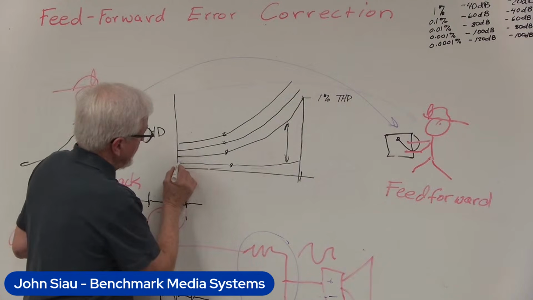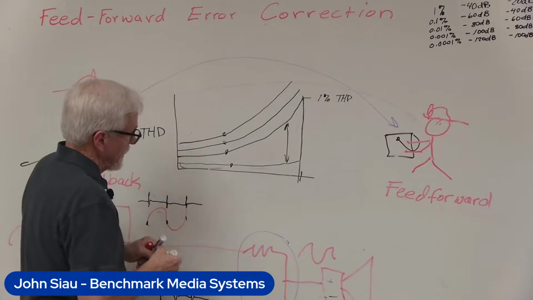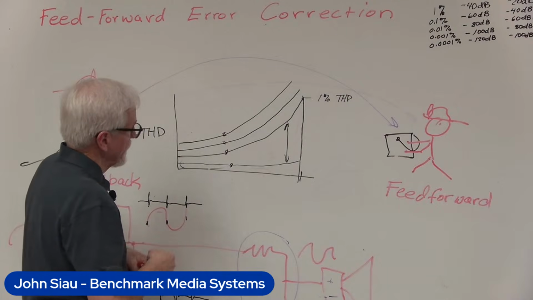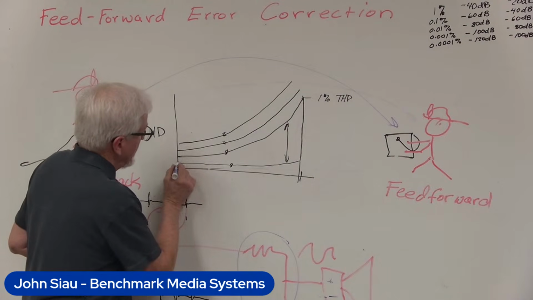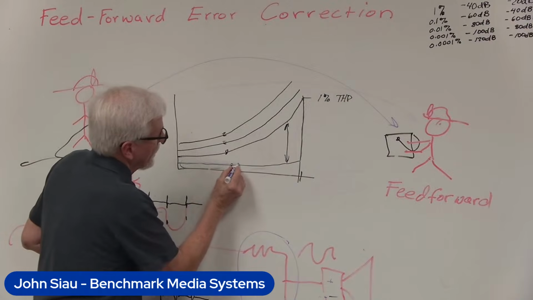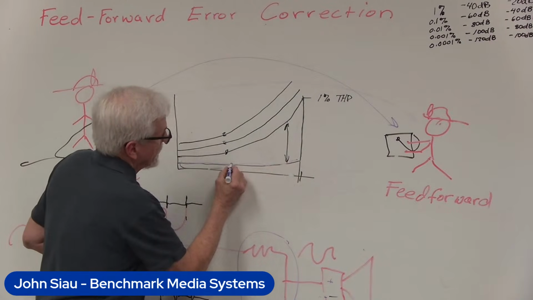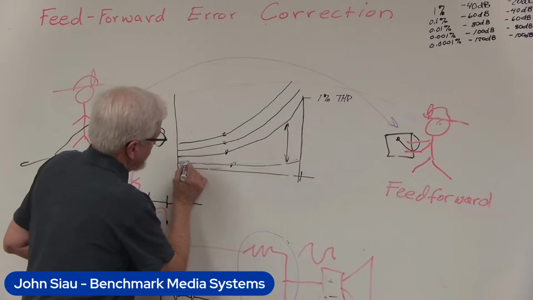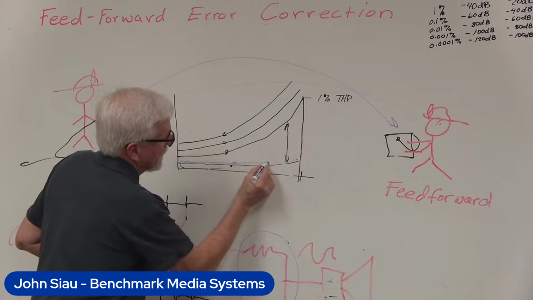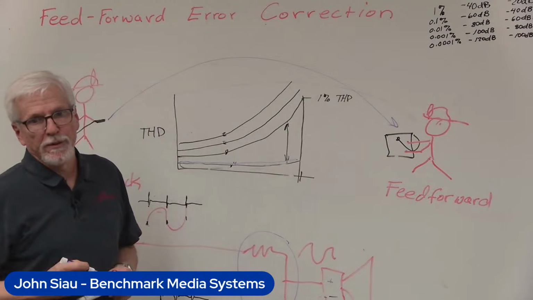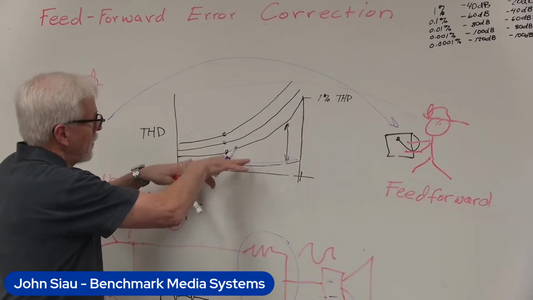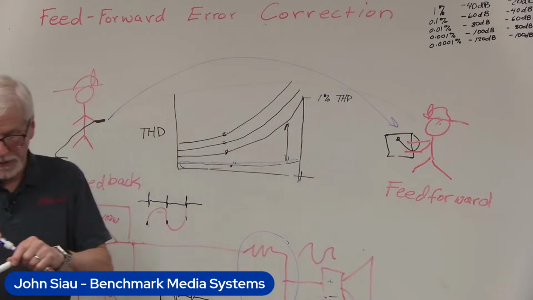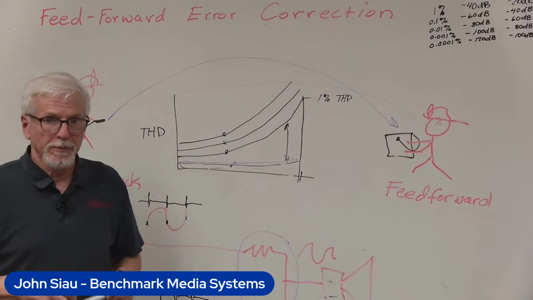If you take the AHB2, and I'll draw this in a different color so we can see it, the 4 ohm curve is virtually right on top of the 8 ohm curve, and the 2 ohm curve is barely above the 4 ohm curve and well below what you get with most power amplifiers.